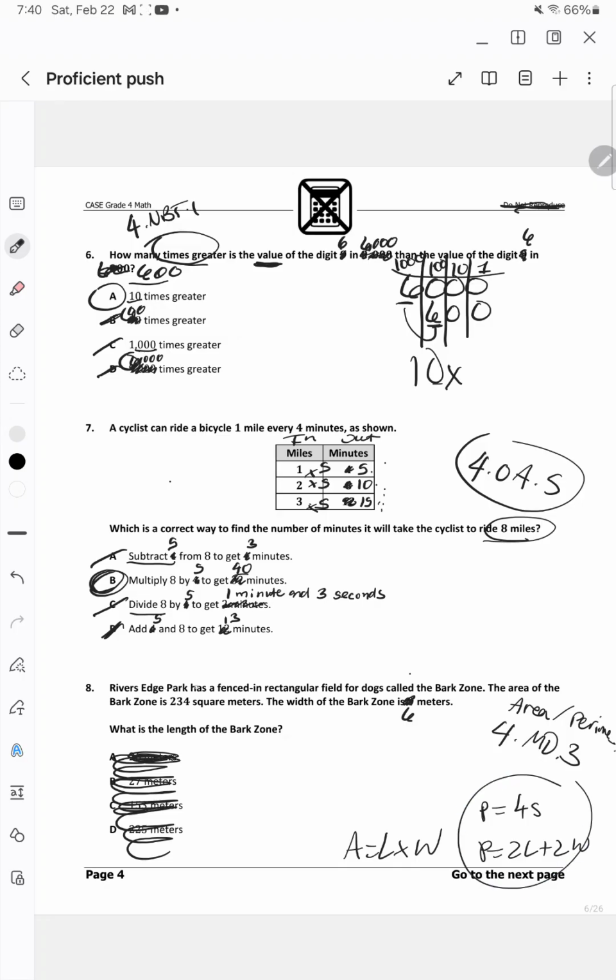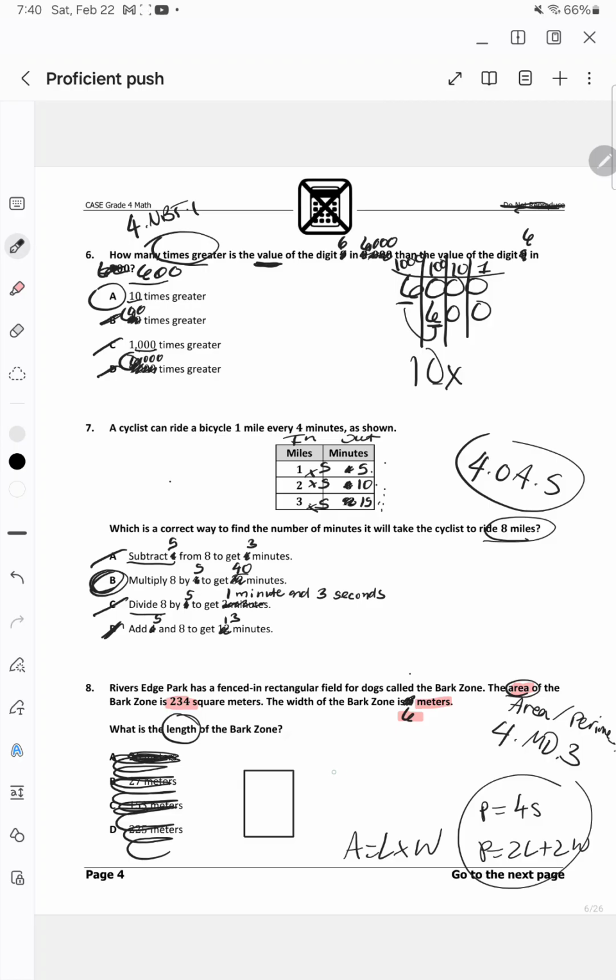Now it says River Edge Park has a fenced-in rectangular field for dogs. The area, so now we know what formula we're doing, of the bark zone is 234. The width of the bark zone is 6 meters. So if you think about this, they said, what is the length?